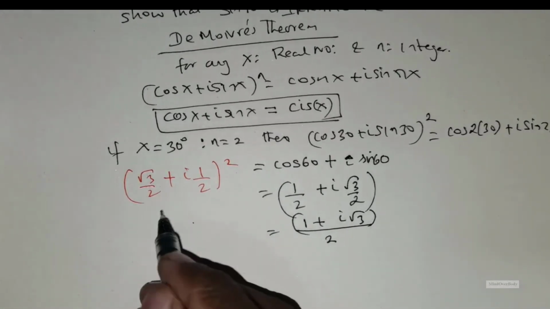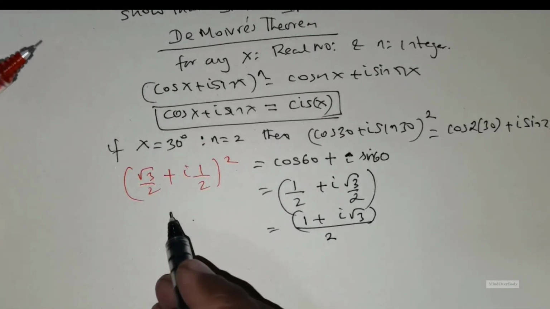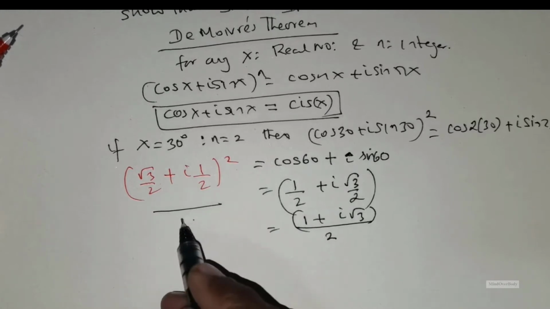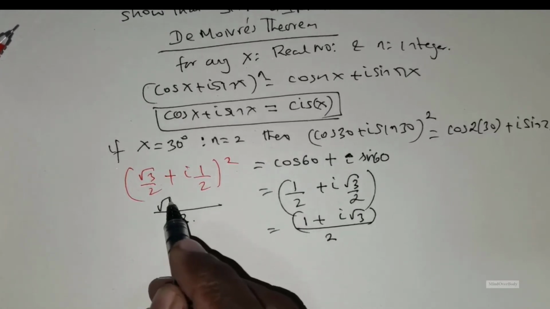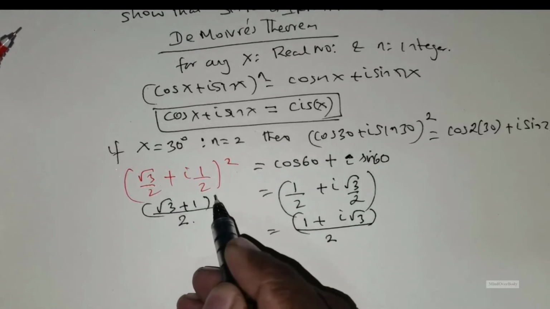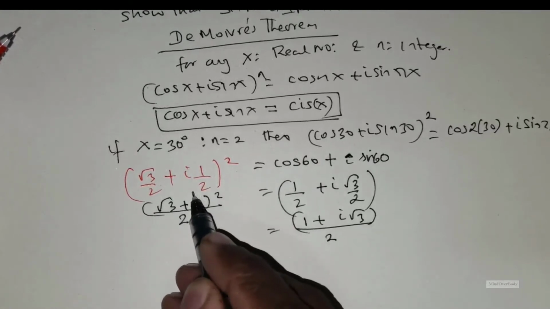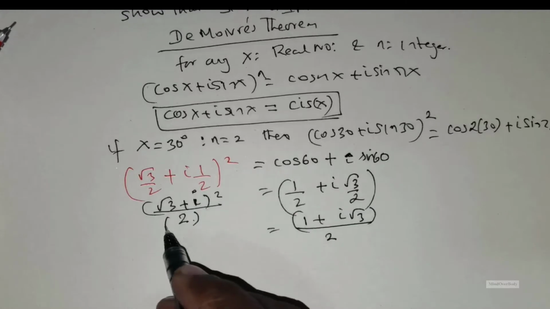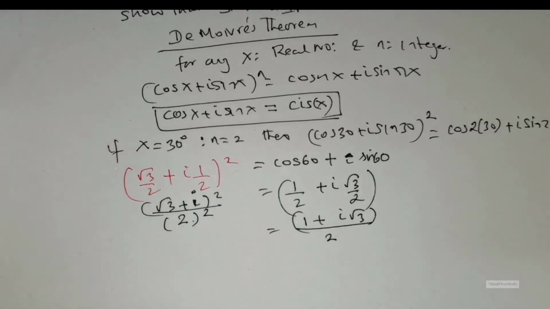On the left side, if I were to take the LCM, I would have 2 here and then (root 3 + i) raised to the power 2. Of course this is going to be divided by 2 squared.